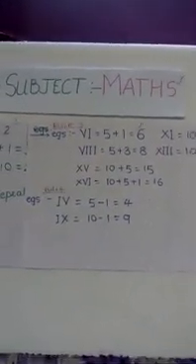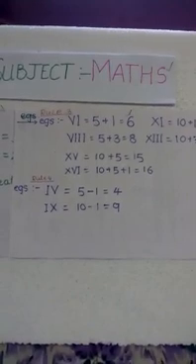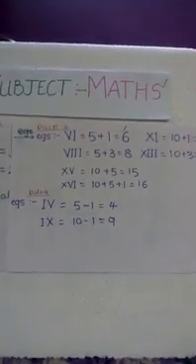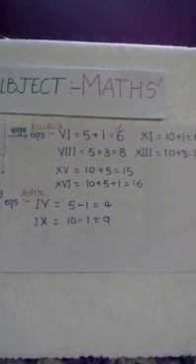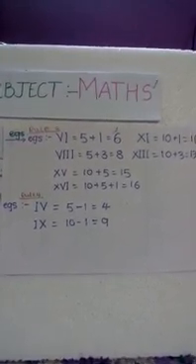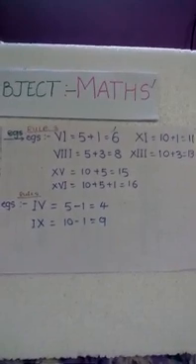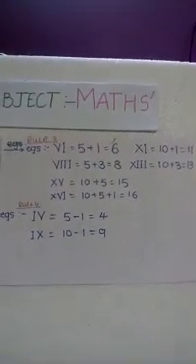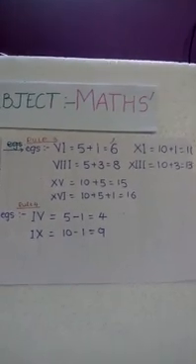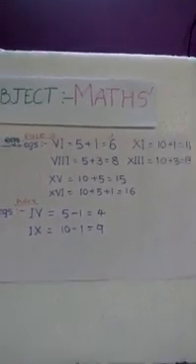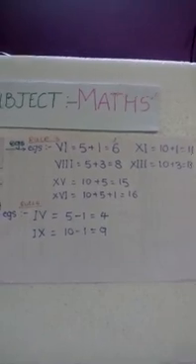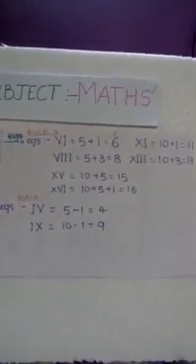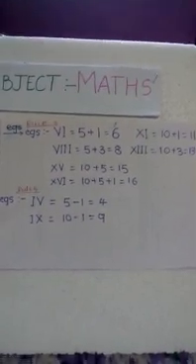The fourth rule. When I is written on the left of V or X, then its value is subtracted from the value of V or X. In the example, you can see I is written on the left hand side of V. So that 1 is subtracted from V, that is 5 minus 1.